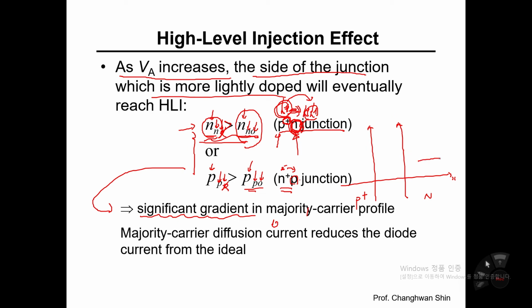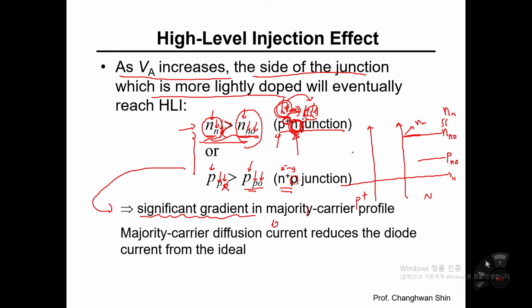That is the hole concentration in the N side at thermal equilibrium, and that is the electron concentration in the N side at thermal equilibrium. If low level injection is dominant, this n sub n naught should be equal to n sub n, so this line indicates n sub n, identical to n sub n naught.